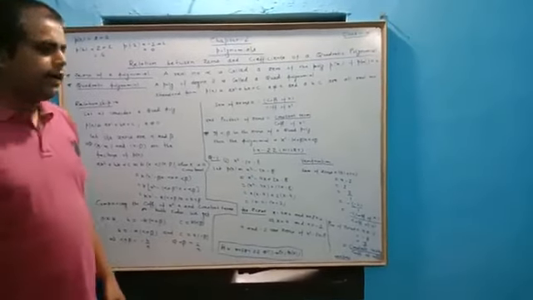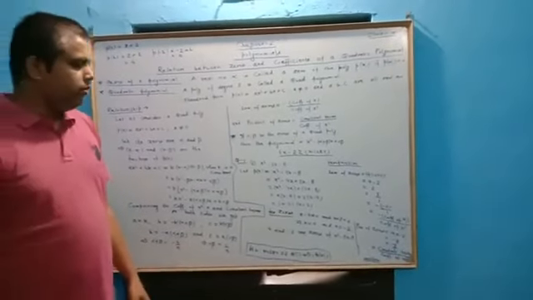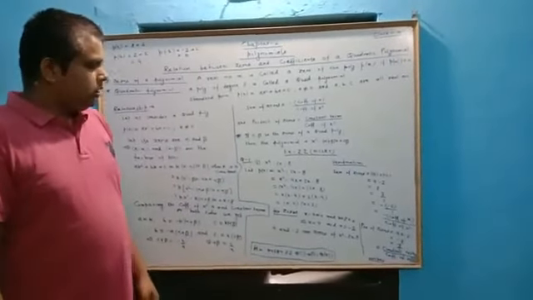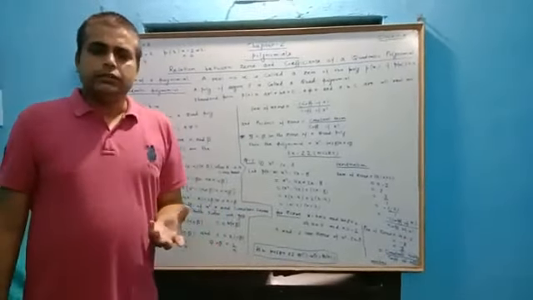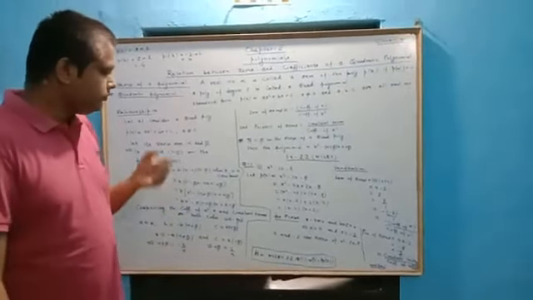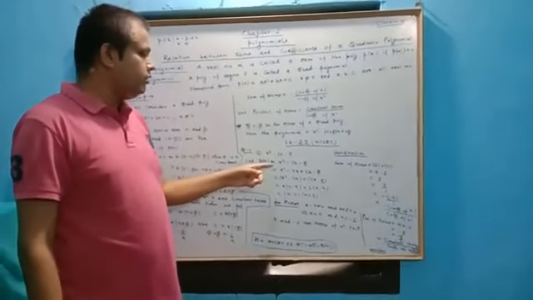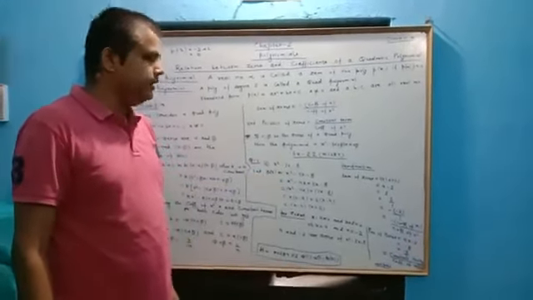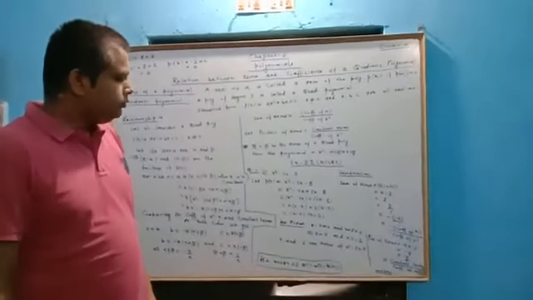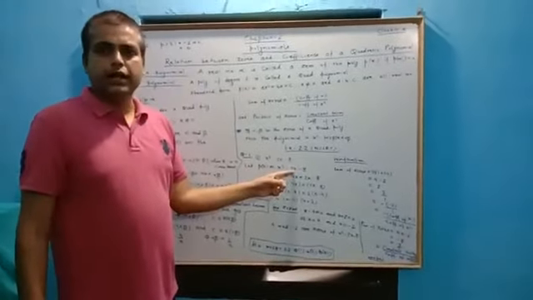For finding zeros, we can take help of the middle term split factorization method. Suppose that p(x) is equal to x square minus 2x minus 8. Now the middle term is minus 2x.